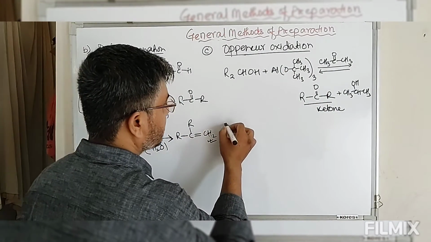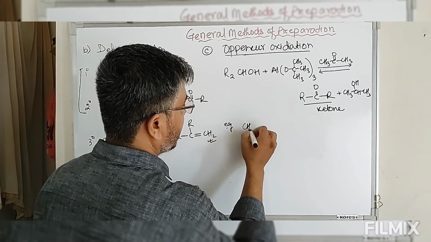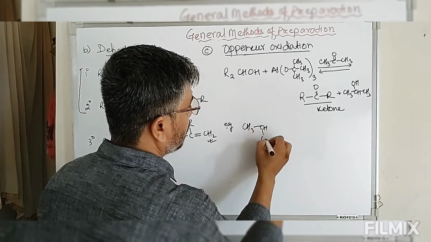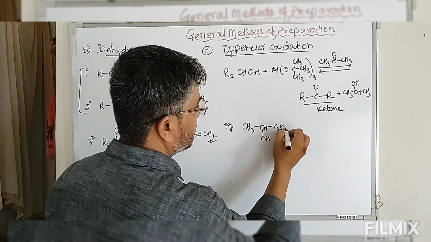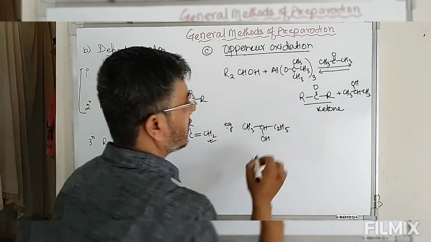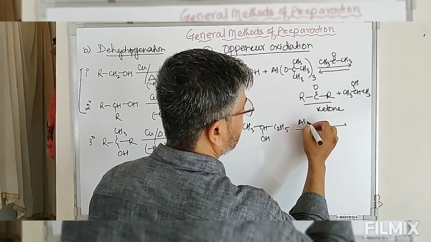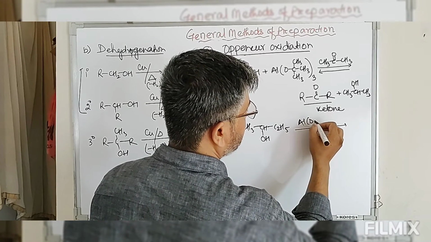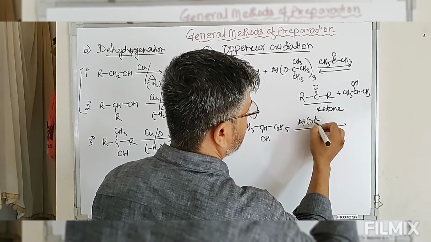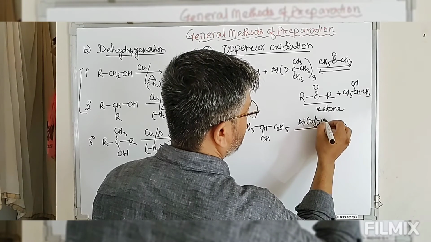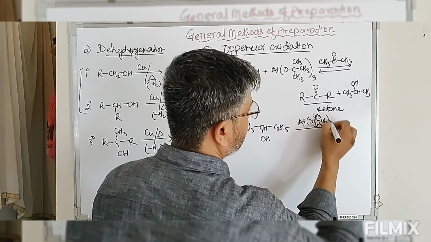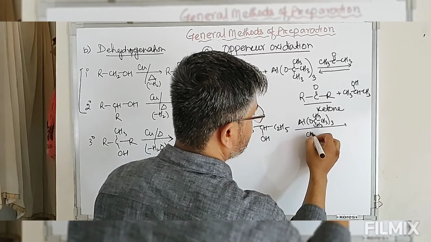So let's take this example. We have CH3CHOH C2H5, a secondary alcohol. Now this reacts with aluminum tertiary butoxide in presence of acetone.